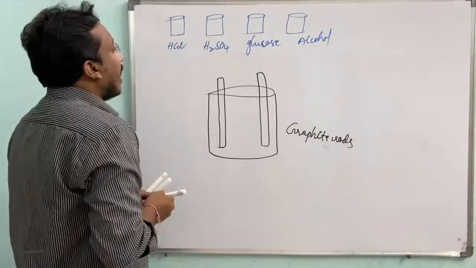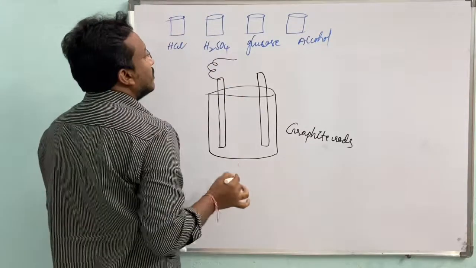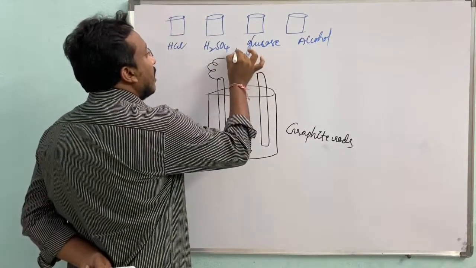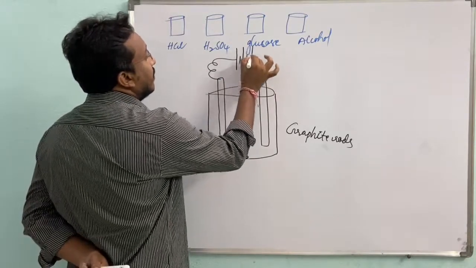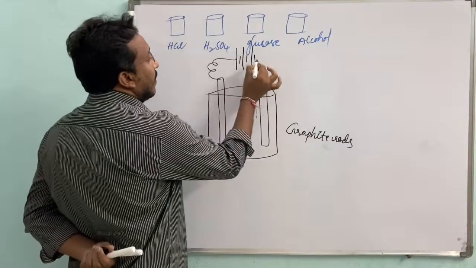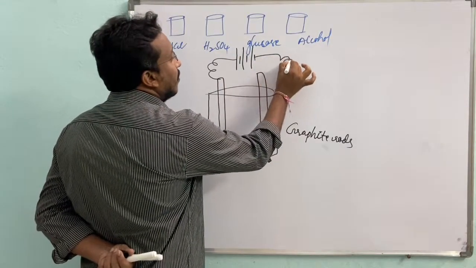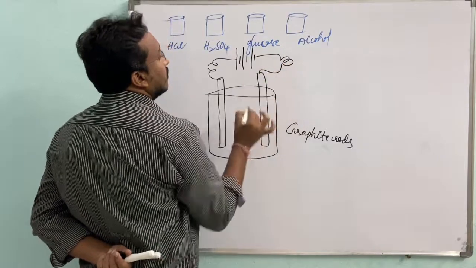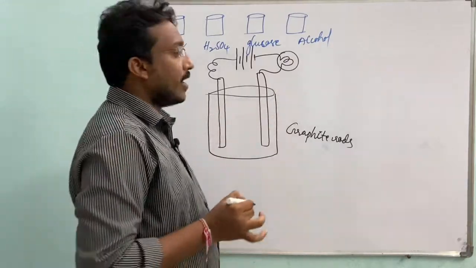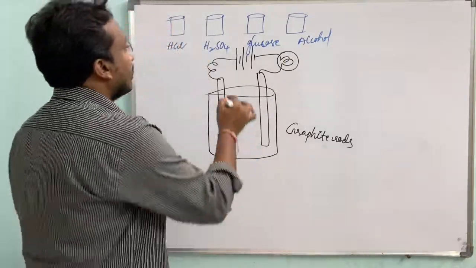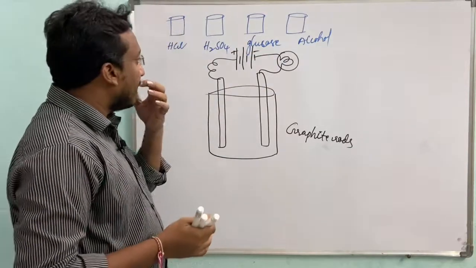Okay, and connect these graphite rods to the battery, and to the bulb. This is the way of connection, right? Positive and negative.